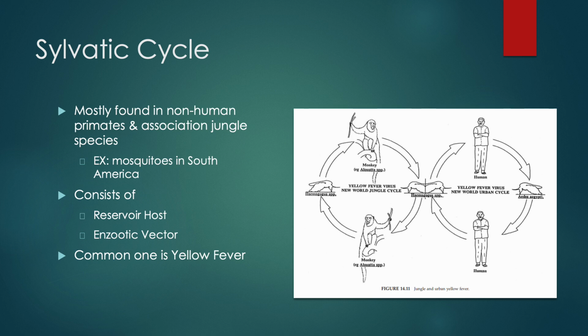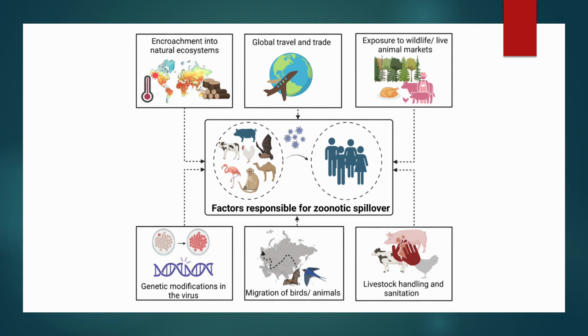You might be wondering how it gets into a human outbreak. What happens, as you can see in this image, is something we call a spillover event. That is when something we refer to as a bridge vector comes from the sylvatic cycle into an urban area and infects, if you want to think of it as patient zero, somebody who's not infected in the urban cycle.